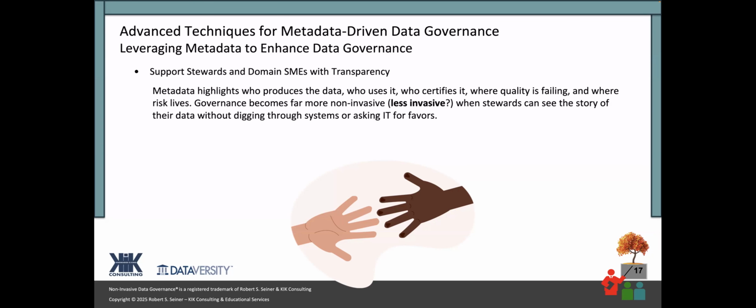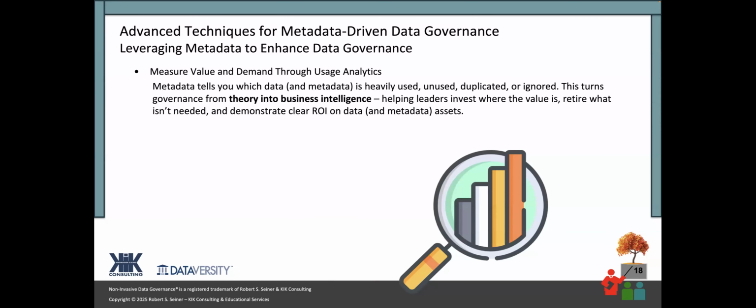So the metadata can highlight who has done what with the data, who produces it, who uses it, who certifies it, and all of those types of things. When I put this together, I said governance becomes more non-invasive. I think what I meant to say was governance becomes less invasive when the stewards aren't spending their time digging through the data and they have that level of trust with the data through the metadata. So that's really metadata that is driving your data governance program.